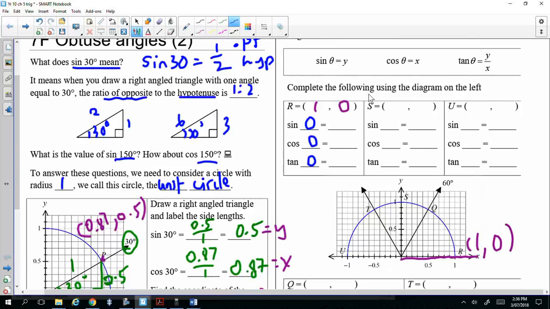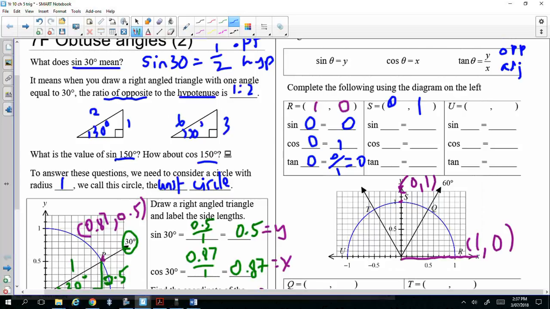Let's calculate the next one, S. What's the corner of S? 0, 1. So that means the angle becomes 90, right? So what's sine 90? Sine 90 is y, which is 1.